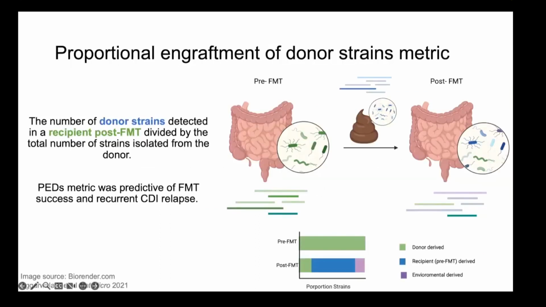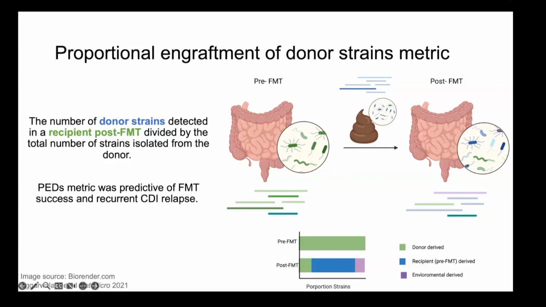Specifically, one group even made a metric called the proportional engraftment of donor strains. In this metric, they looked at the number of donor strains that were detected in the recipient after receiving FMT, and divided that by the total number of strains that were isolated from the donor. They found this metric was predictive of FMT success and long-term success.